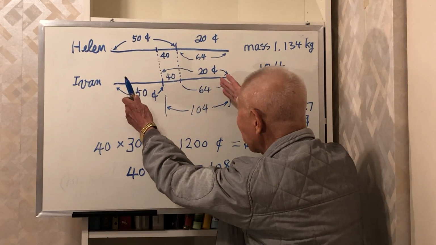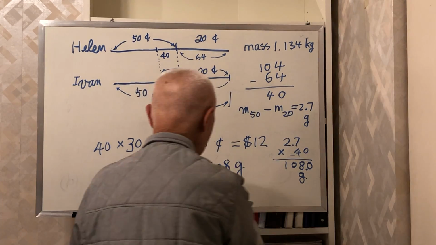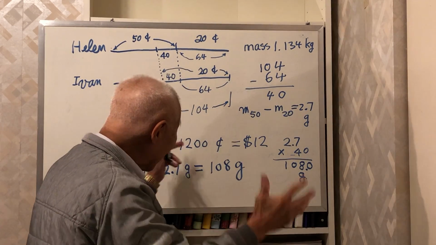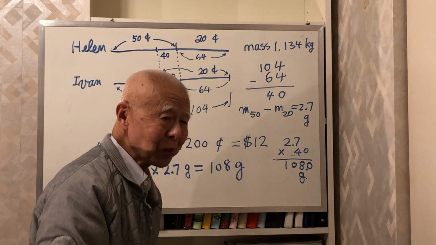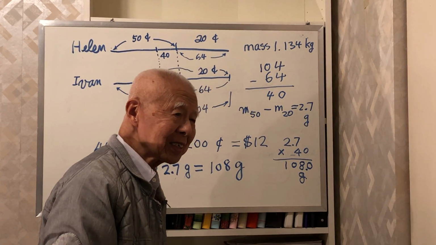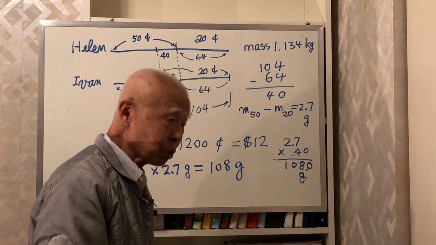So the total mass here is 108 grams less than the total mass there. So what is the mass that Ivan's coins equal to?